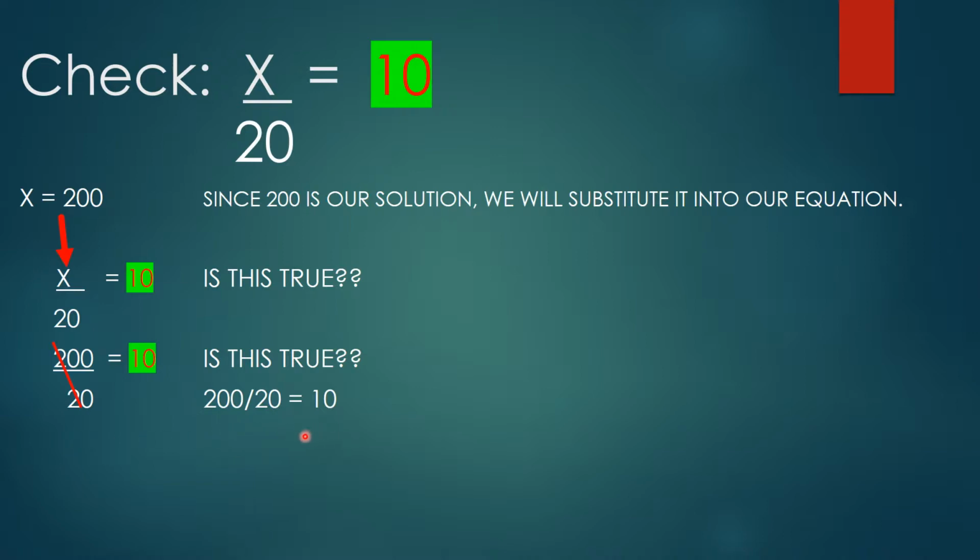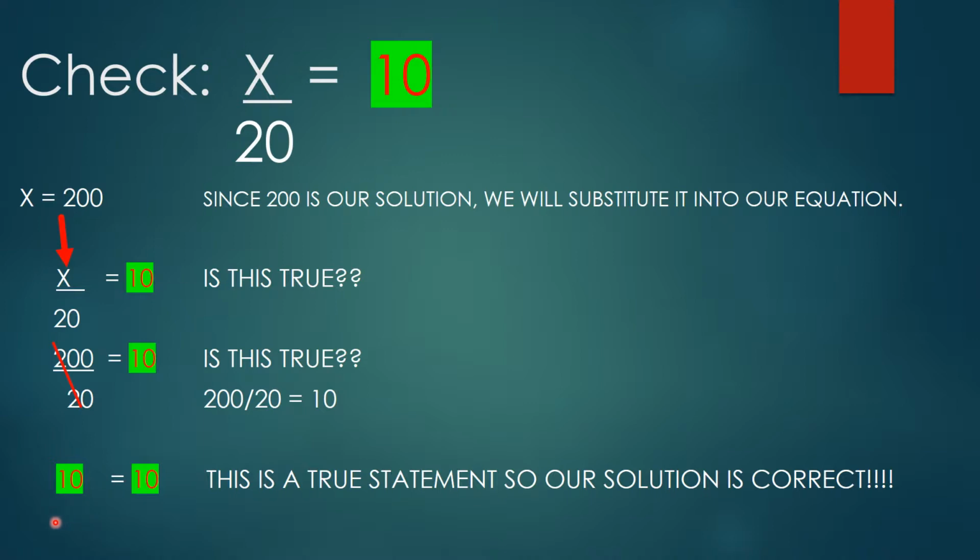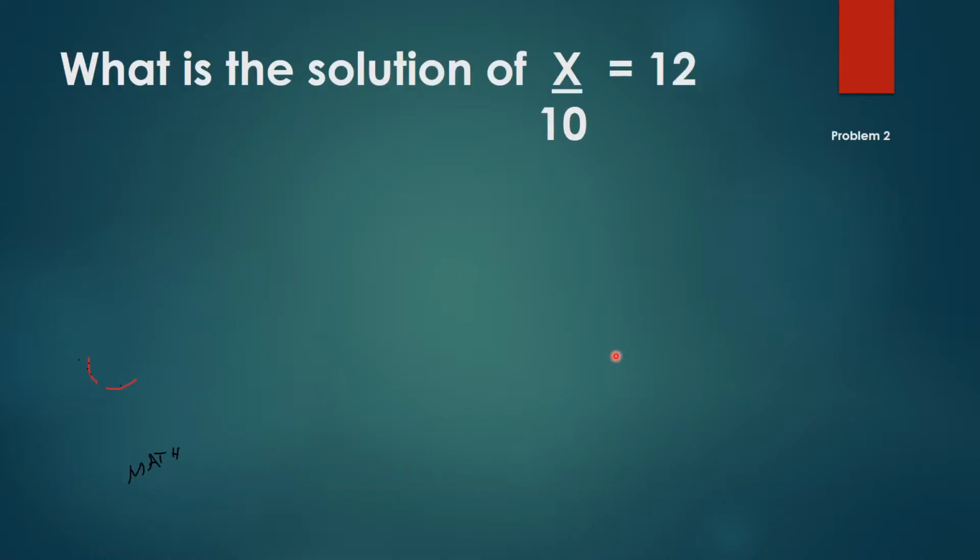Well, 200 divided by 20 is just equal to 10. So I put a 10 in on the left side of my equal sign, and I get 10 equals 10. So we ask ourselves, is this a true statement? Yes, it is. And so since we have a true statement, we conclude that our solution of x equals 200 is in fact correct.